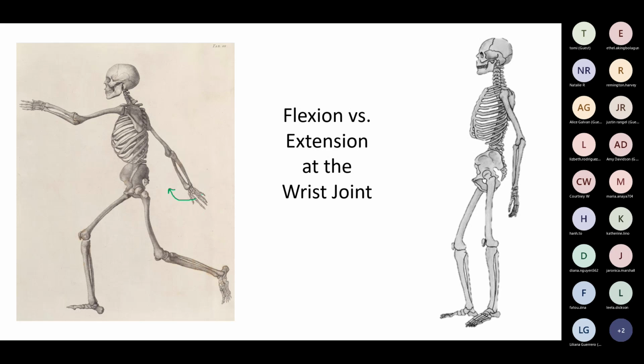So when you bring your hand up, flexing it. When I bring my hand back to anatomical position, or even behind anatomical position, like if I'm carrying a tray at a restaurant, right? I'm wait staff and I'm carrying a tray. That is extension. So we go over to our friend here on the side. We've got flexion going forward, extension going backwards.